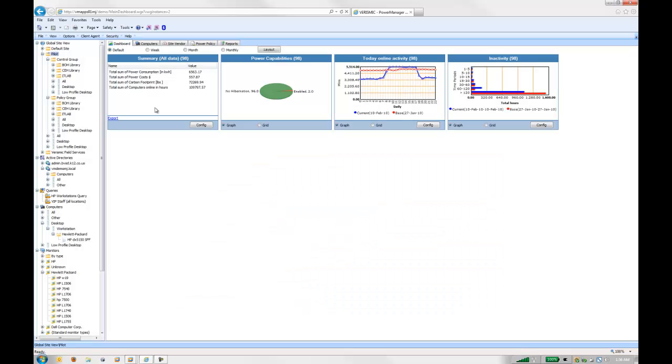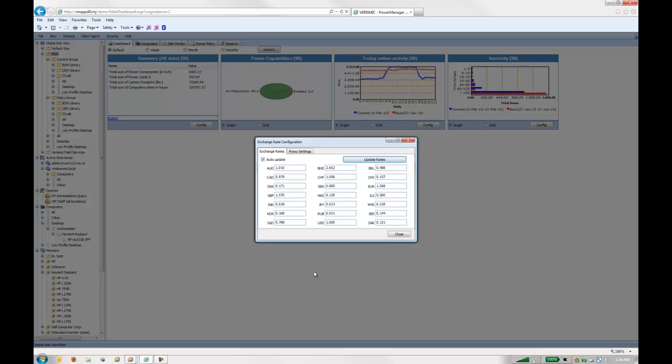That way, all the data is kept in one spot, and it's changed upon the view depending upon who wants to see it. What we also have is an automatic exchange rate updater. This way we can go out and constantly, every single day, update the changing exchange rates. As I said, we support many different currencies now. We're continually adding more. These are merely the countries right now where we have customers, and we're trying to add more and more to keep ahead of the growing Verismic family globally.